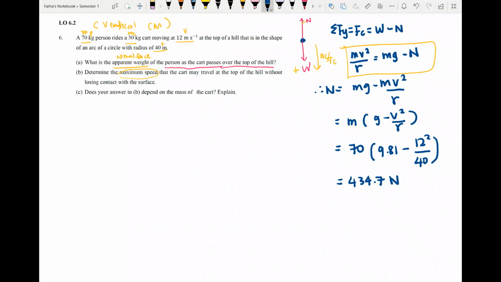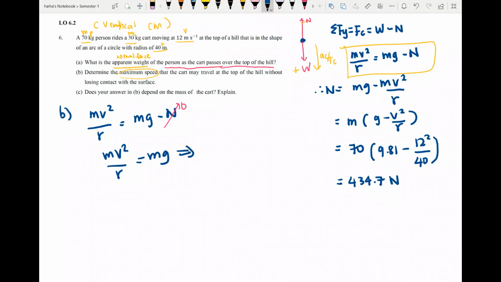Okay, therefore to answer this question from mv square over r equals to mg minus N. Jadi kita substitute N ni dengan 0.